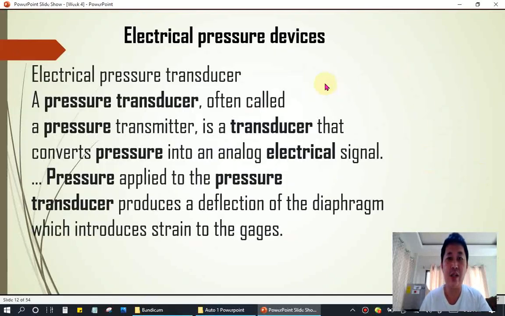Next, we have also electrical pressure devices. An electrical pressure transducer, a pressure transducer, is often called a pressure transmitter. It is a transducer that converts pressure into an analog electrical signal. Pressure applied to the pressure transducer produces a deflection of the diaphragm, which introduces strain to the gauges.